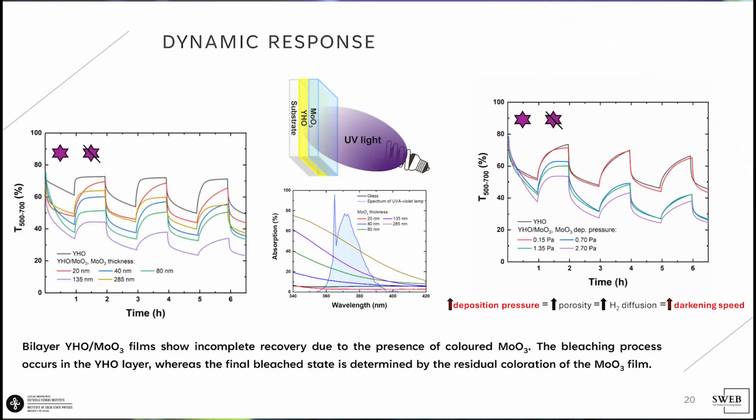And the more we illuminate the films, the less the films can recover. And there's again a clear correlation. The thicker the molybdenum trioxide film on top of yttrium oxide hydride, the faster the darkening, except you see this yellow curve for the thickest molybdenum trioxide.